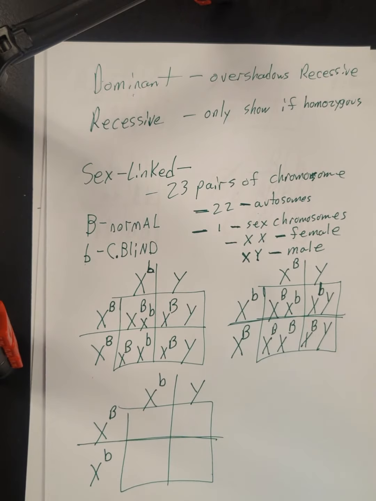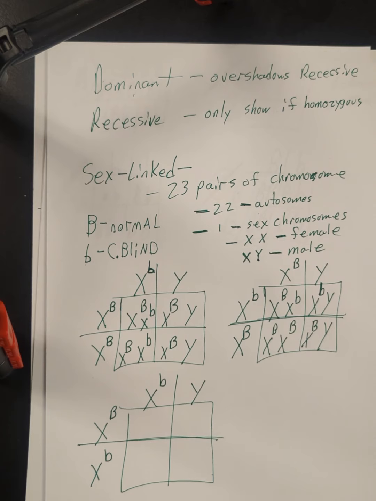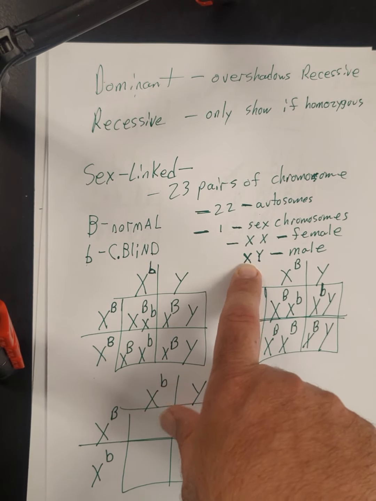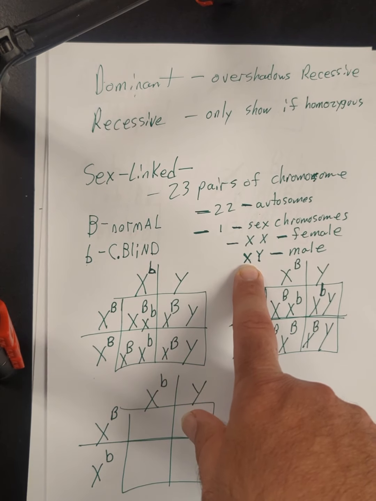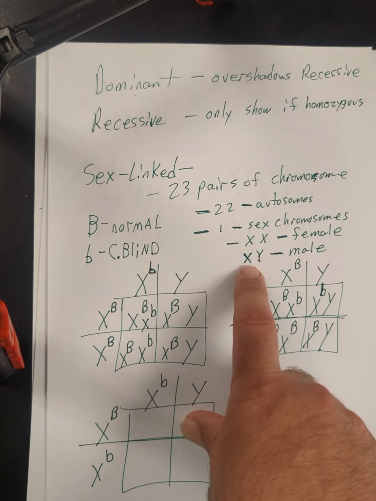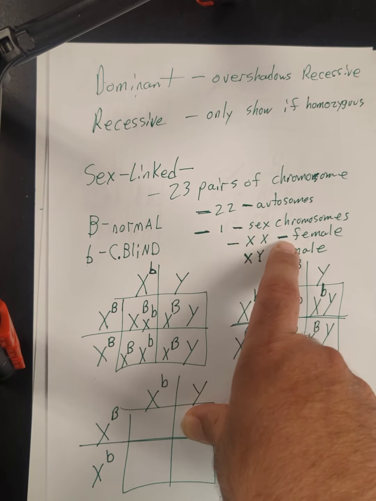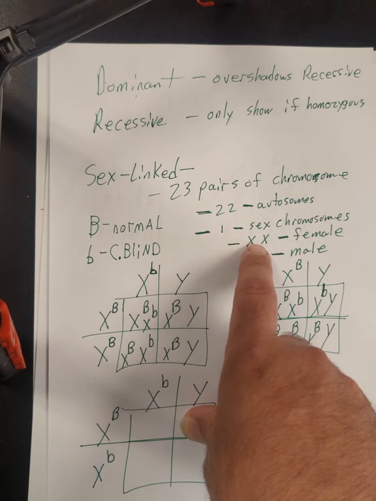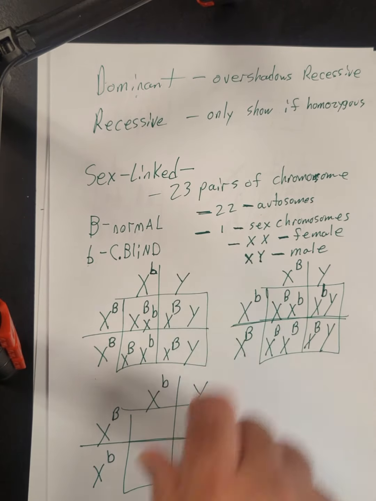On the other hand, if it's on the X chromosome, men only have one X chromosome. So if it's a recessive trait like colorblindness, men will automatically show it if they have that gene. A female could have a dominant trait and a recessive trait, and so they will show the dominant trait.